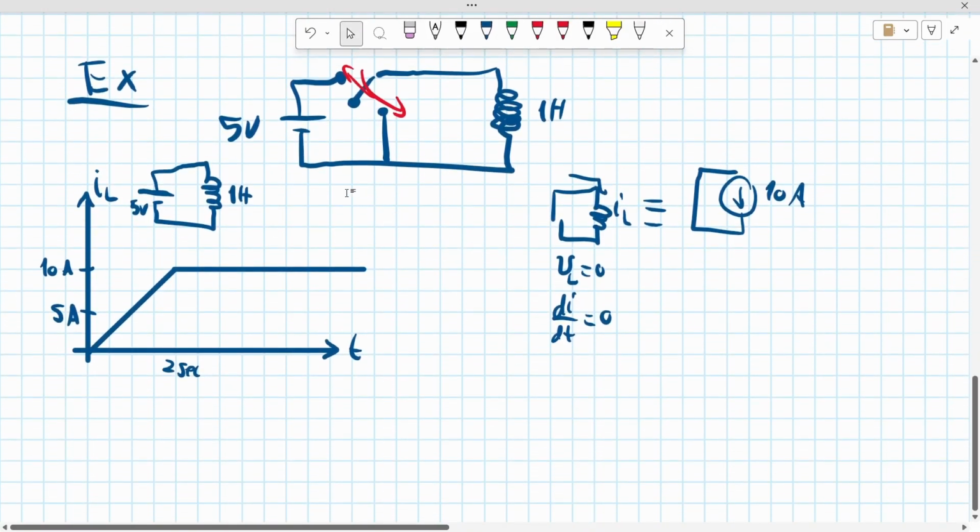So what happens if we keep switching between these two guys? This graph is for a case where we switched to the 5 volts, kept the inductor's current ramping for some time, then we switch to the 0 volts, and the inductor current will be kept constant. What if we kept switching? What will happen?